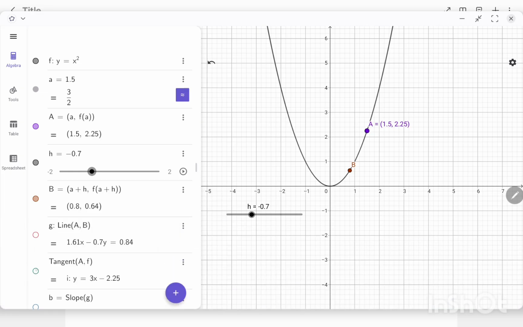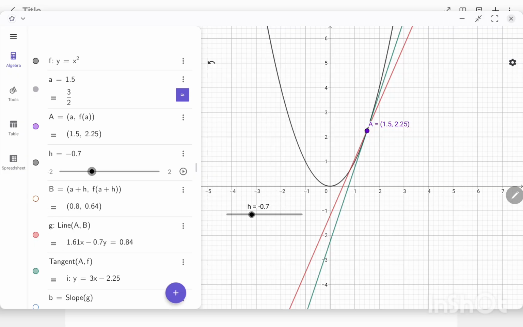So let me take a tangent at the point A, where A is the point we are targeting. And let me see the line joining A and B. Now we have two lines.